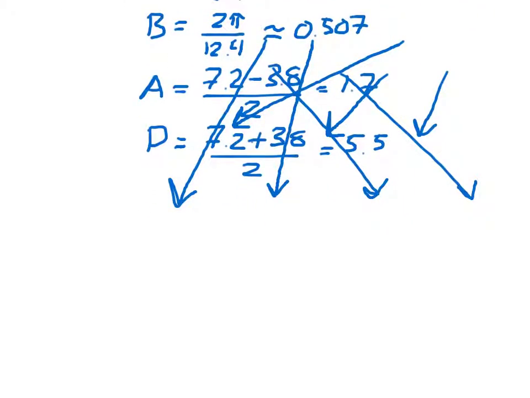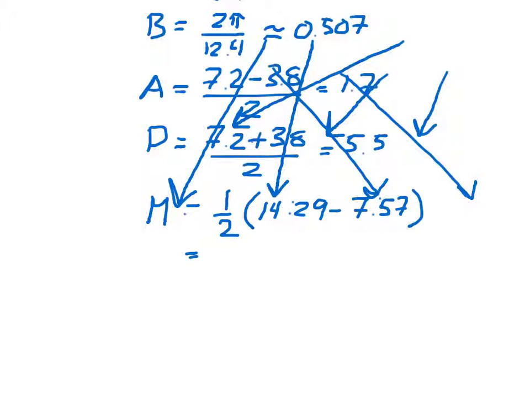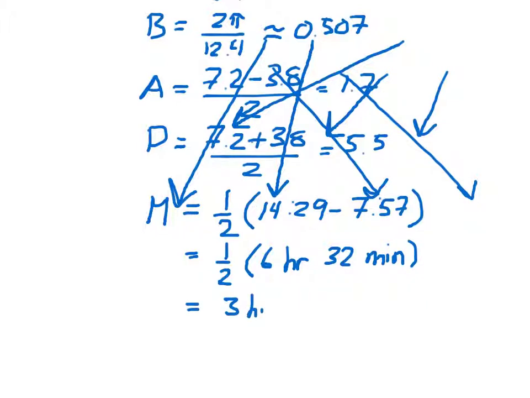So the time of M is going to occur at 1/2 the time of the first high tide, which is 14:29, minus the time of the first low tide, which is 7:57. So this is 1/2 of 6 hours and 32 minutes, which really equals 3 hours and 16 minutes.